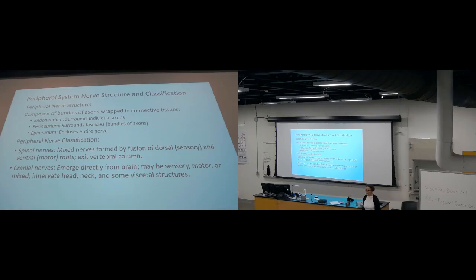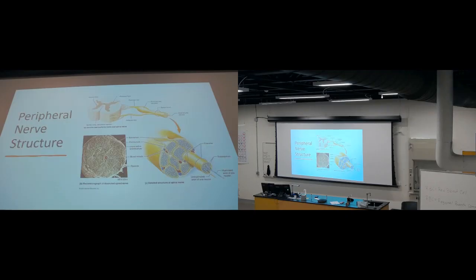We have 12 cranial nerves. You heard about them before, and they have different functions. In general, they innervate structures within the head and the neck, like muscles and glands, and perform their specific function. We will see each of these cranial nerves.